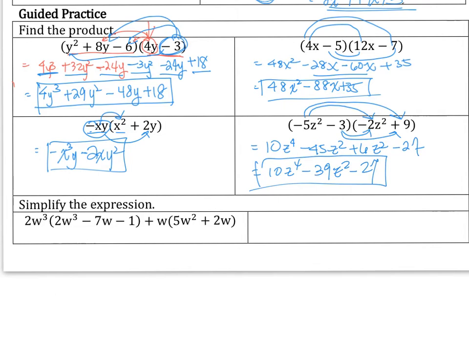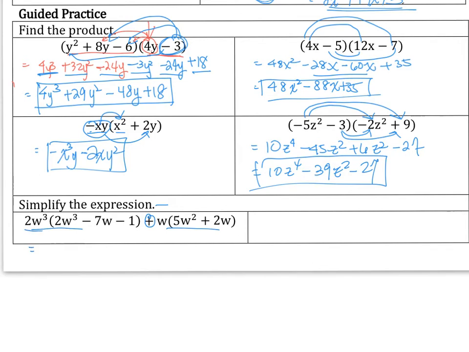Okay, and now we're going to learn how to simplify the expression again, involving more complex polynomials. So here we're multiplying, and then we're going to add, okay?